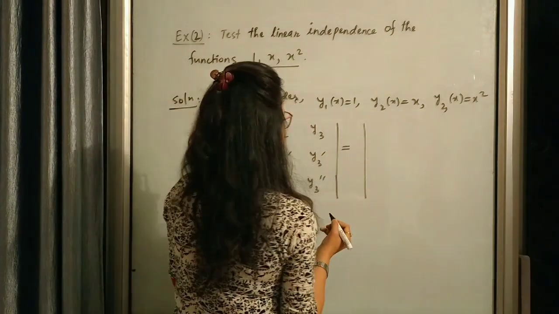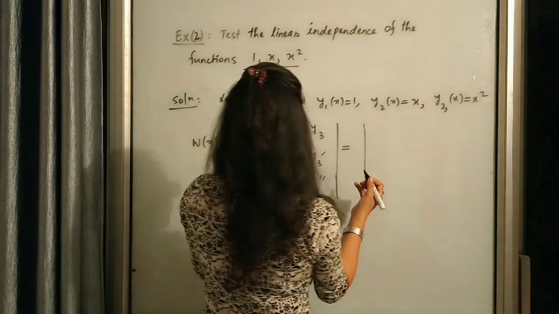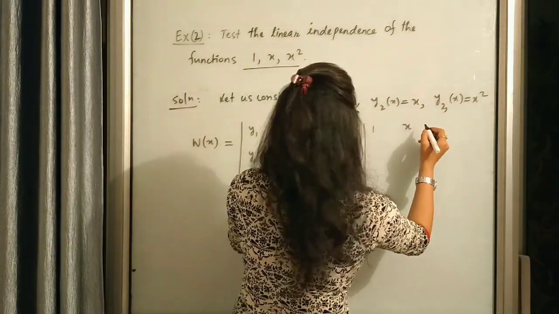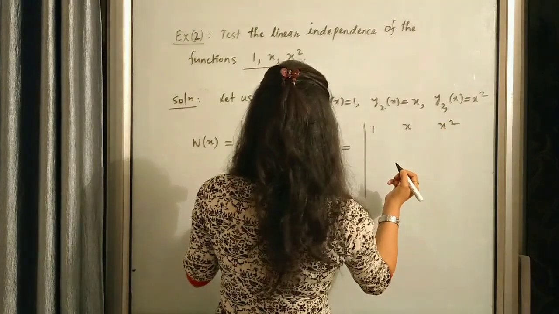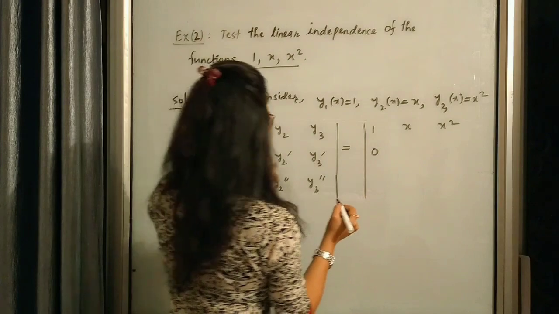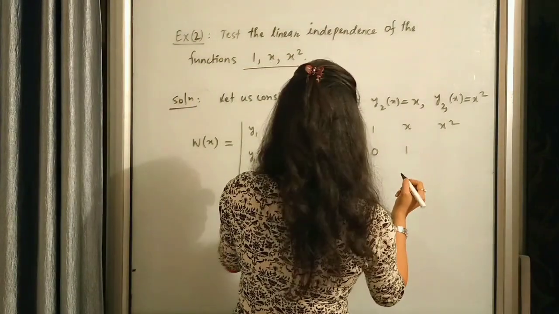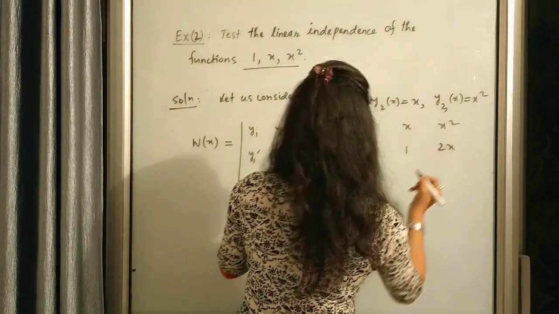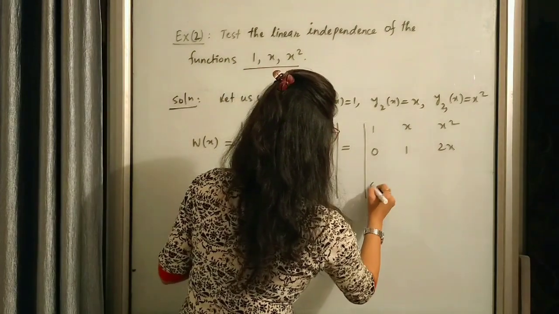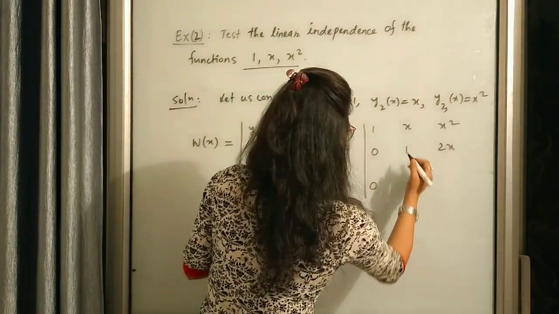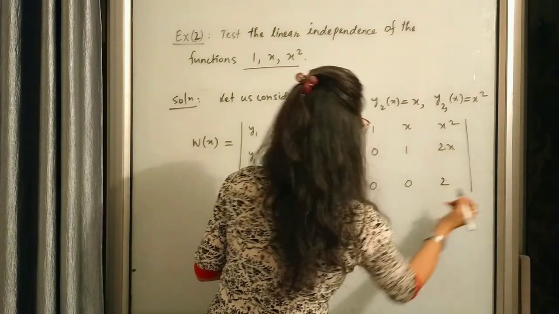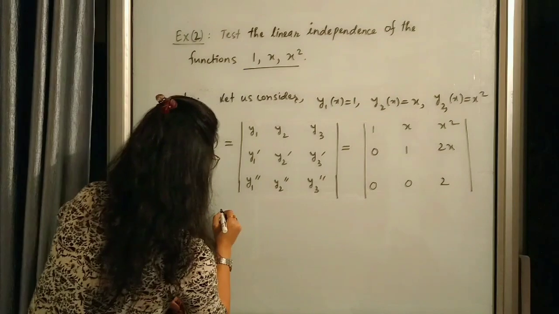In a similar fashion, we will try to calculate this. y1 is 1, y2 is x, y3 is x square. First derivative: constant 1 gives 0, y2' is 1, y3' is twice x. Next, the second derivative of the functions: 0, 0, then 2. Now we will find the determinant.